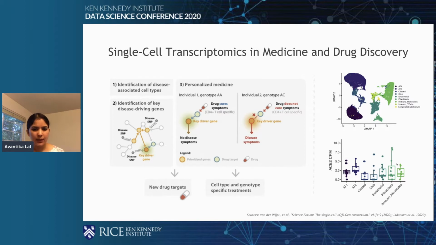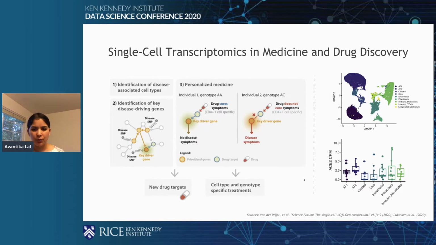Similarly, many drugs or other therapeutics affect specific types of cells. So it becomes very important for us to know what the different types of cells in the body are and how they are affected differently by various perturbations, so that we can develop more efficient and targeted treatments for diseases. And COVID-19 is actually a really good example of this.